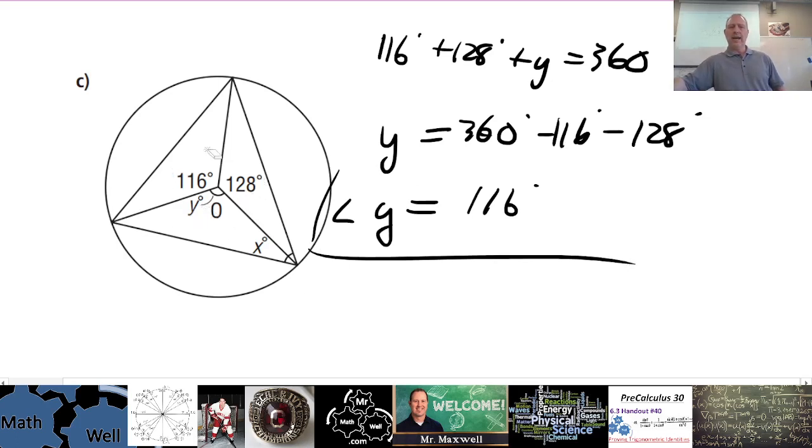So now that I know that, how can I find out what x is? And x, notice, is this big angle here. It's not split up there. What do I know about this situation that's not marked on the diagram? There's some marks that I can put on the diagram here. Anybody know what specific marks I'm thinking of?